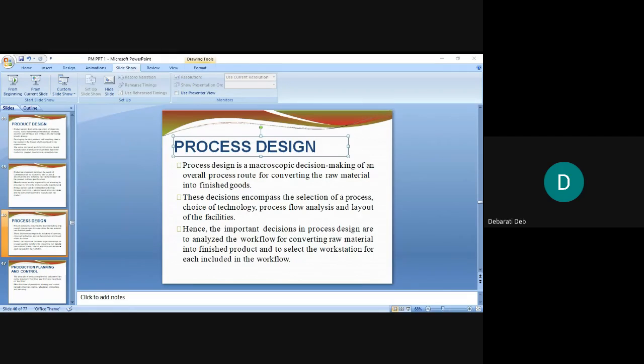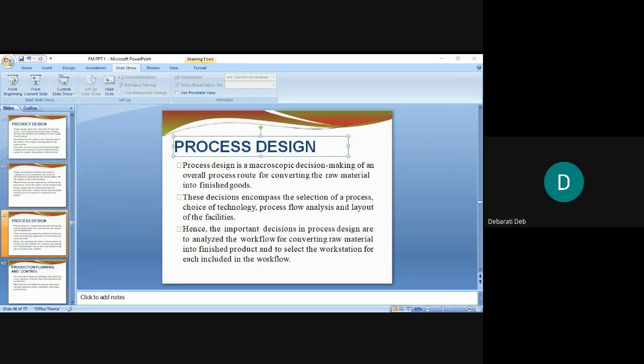Hence, the important decisions in process design are to analyze the workflow for converting raw material into finished product, and to select the workstation for each step included in the workflow. Do you understand the meaning of workstation? Workstation means, suppose for a product painting is necessary. So the place where the painting part will go on, that portion of the facility we will call workstation for painting the product.